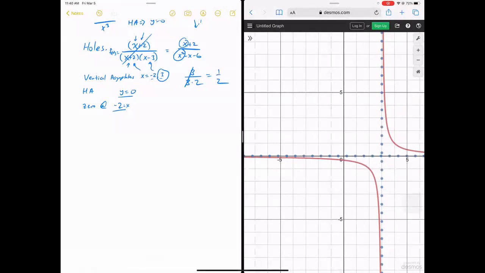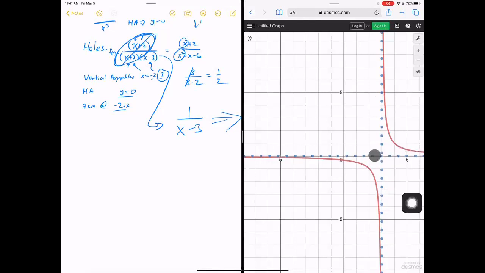And what happens, you want to take a look here. What happens is when we end up dividing it, we end up graphing an easier graph. The graph is 1 over x minus 3. Now, if we look at our graph on our right, this is the graph of x minus 3. We have a vertical asymptote at 3. The x on the bottom is bigger than the top, so we have a horizontal asymptote at 0.